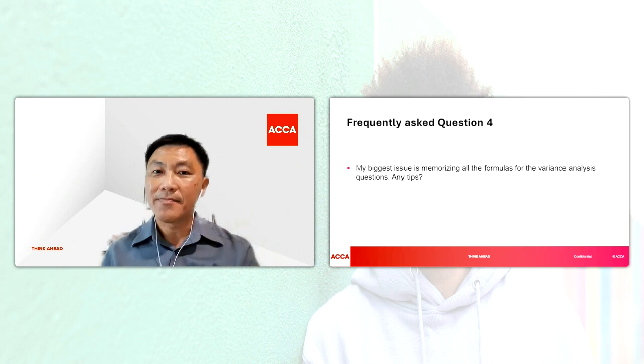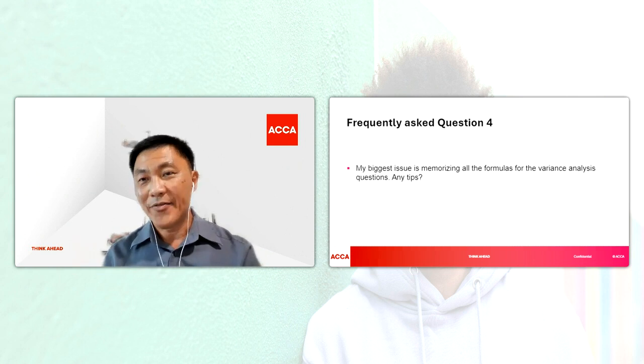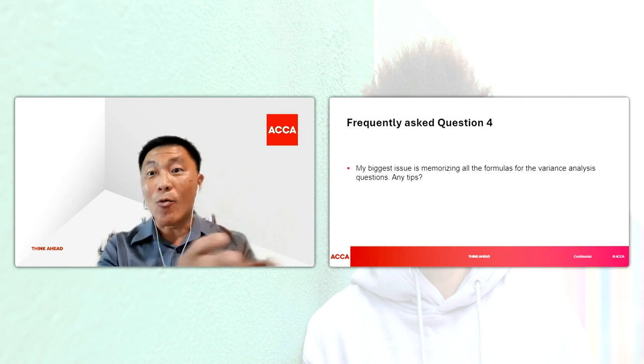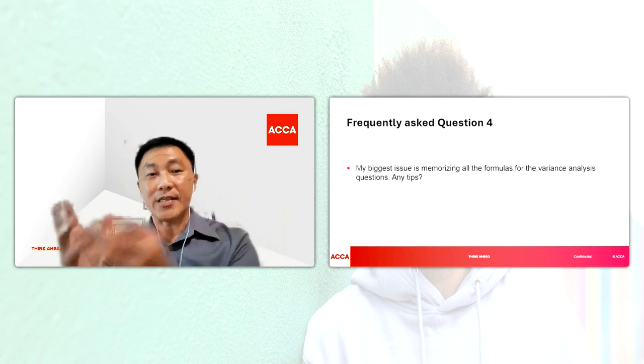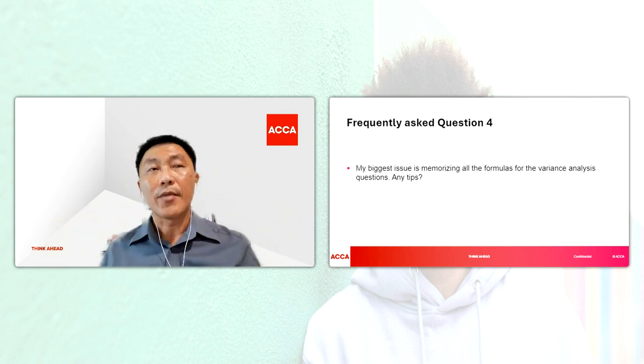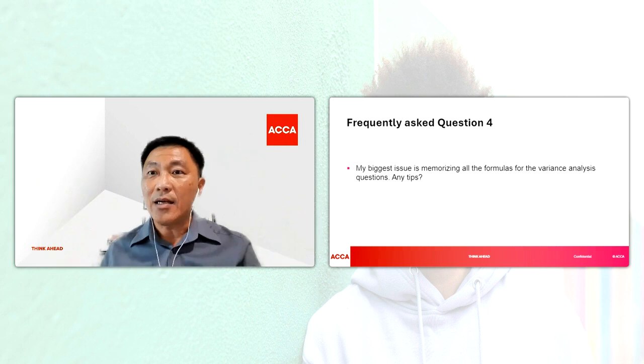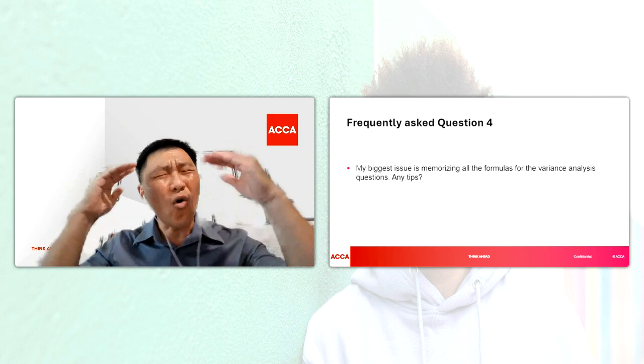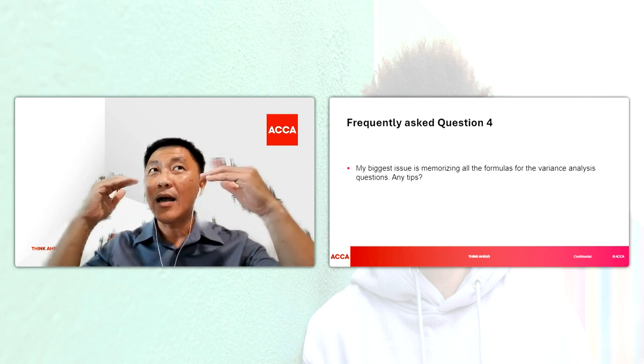Guys, spend some time, think through that. Go back to the basics, what variances is all about. Variances is all about comparing between what you plan to achieve and what you have achieved. The difference, obviously, is the variance. So based upon this idea, don't you think there is no need to memorize all the formulas in isolation?